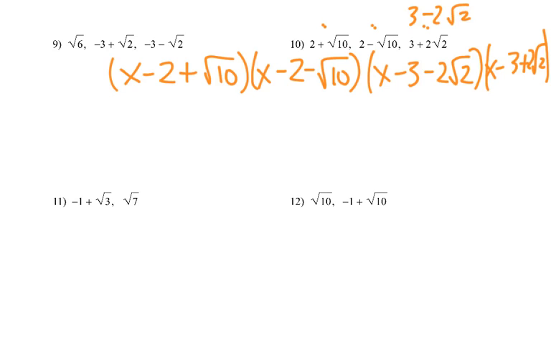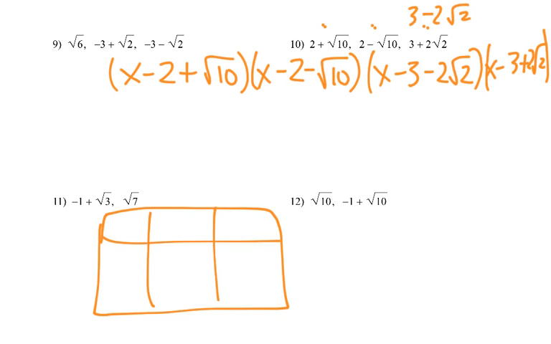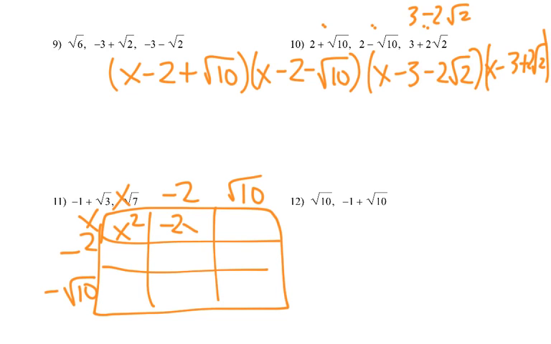Now, the easiest way is really, again, to just do the area model and see what we can eliminate. So I've got x, negative 2, square root of 10, and x, negative 2, negative square root of 10. So x squared, negative 2x, x root 10, negative x root 10, negative 2 square roots of 10, and negative 10.